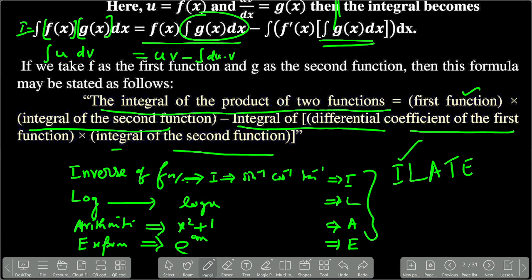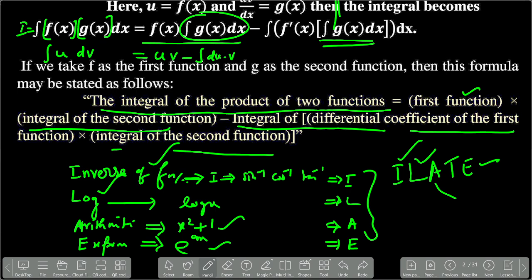I means inverse, L means logarithmic function, A means algebraic function, and E means exponential function, e power x. These letters are very useful for you to do the next sums. Are you clear? Any doubt? Can I go to the exercise?